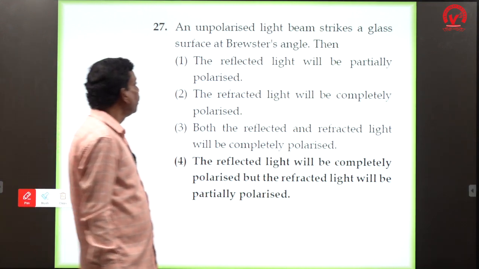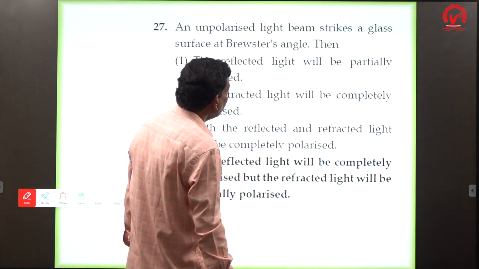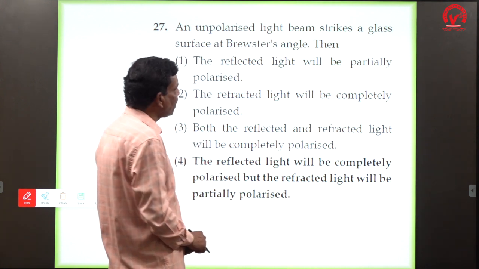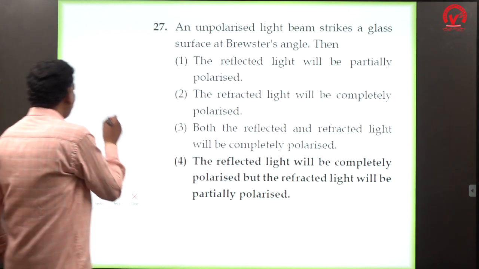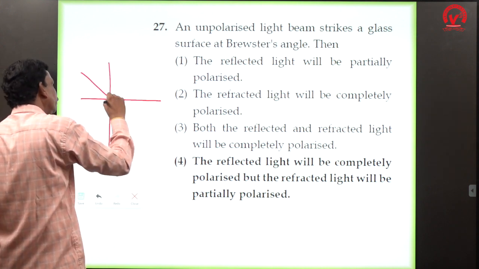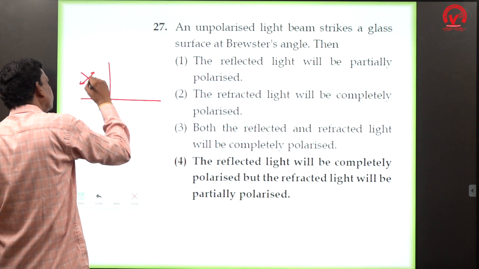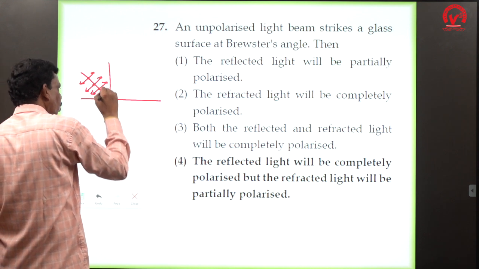Let's see next. An unpolarized light beam strikes a surface at Brewster's angle.